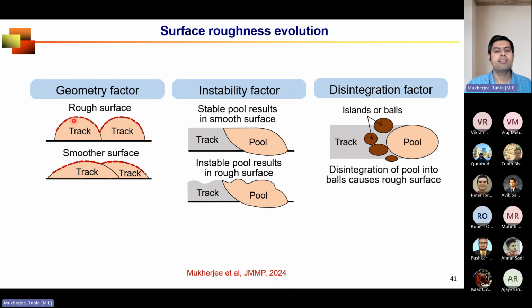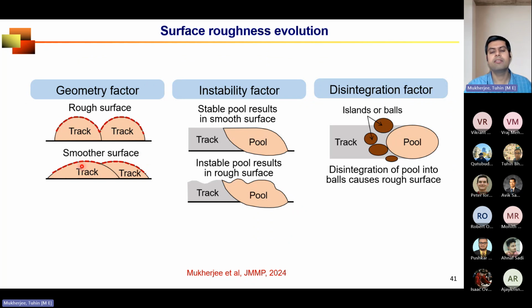Let's say the tracks that you are depositing have very high peak and then they are far apart. Then this peak and trough, they will create surface roughness. Instead, if you spread the liquid very nicely, that trough will be minimized and you will get a smoother surface.